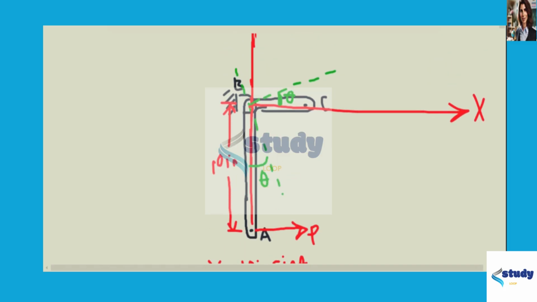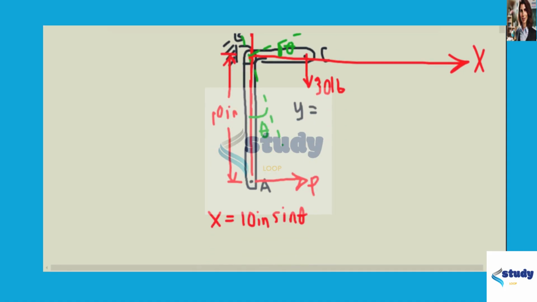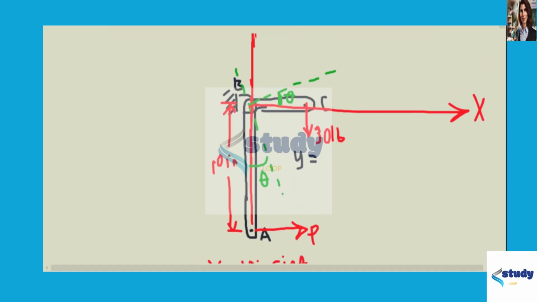So the Y value, and by the way, I'm going to draw the 30 right here. So the Y value is the length out to C, which is 4 inches, times the sine of theta.